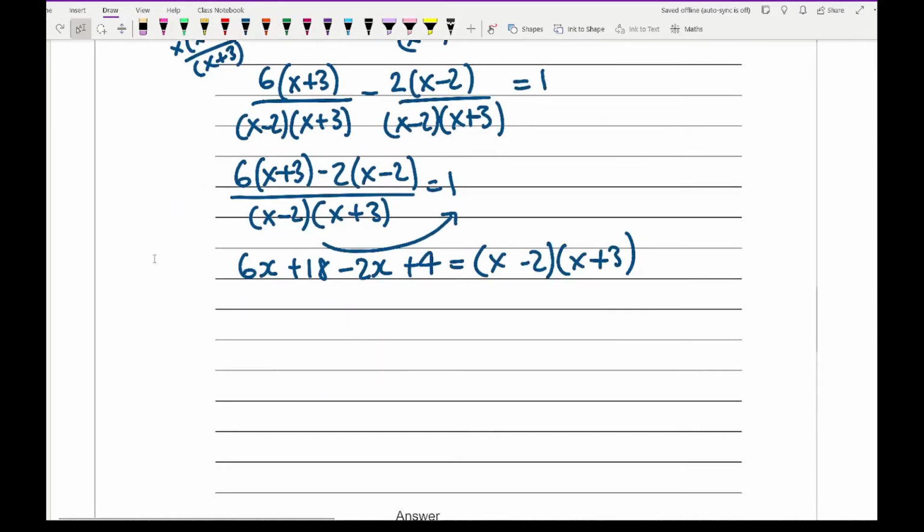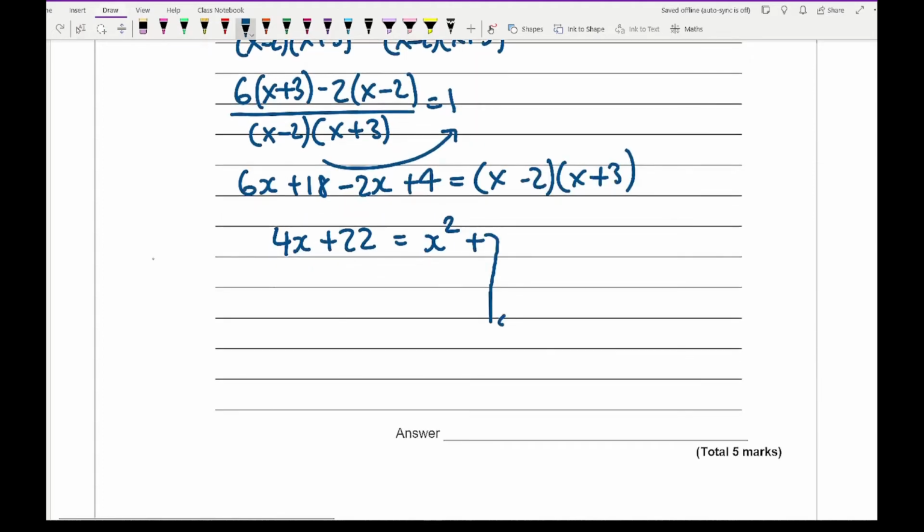Then if I just scroll down a little bit more, so you've got a bit more room. So simplifying the left hand side, I've got 4x plus 22 equals x squared plus x, oh, what on earth has gone on there, plus x minus 6. And then from this, what I then want to do is take this over to the other side.